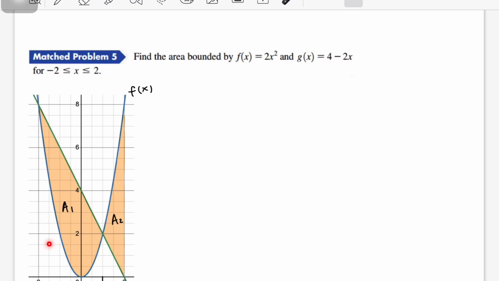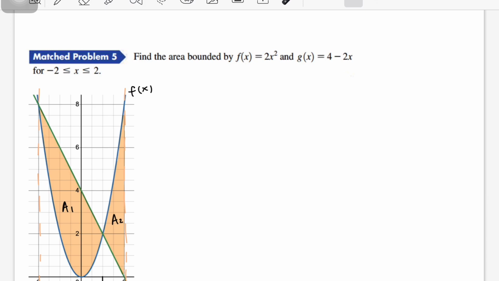So this parabola looks like this, and we're looking at x values between negative 2 and positive 2. So notice that's everything over here and over here. So the area in between these curves and bounded by these is everything in these two shaded regions.